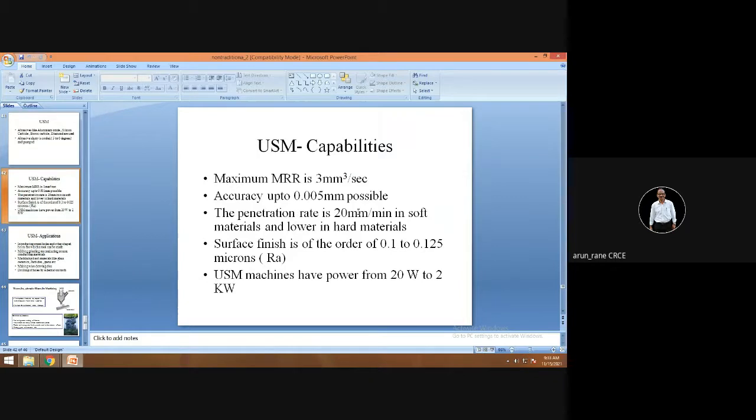The material removal rate is again quite good in ultrasonic machining. It is almost 3 millimeter cube per second. That is considered to be good. Accuracy up to 5 micron can be obtained.